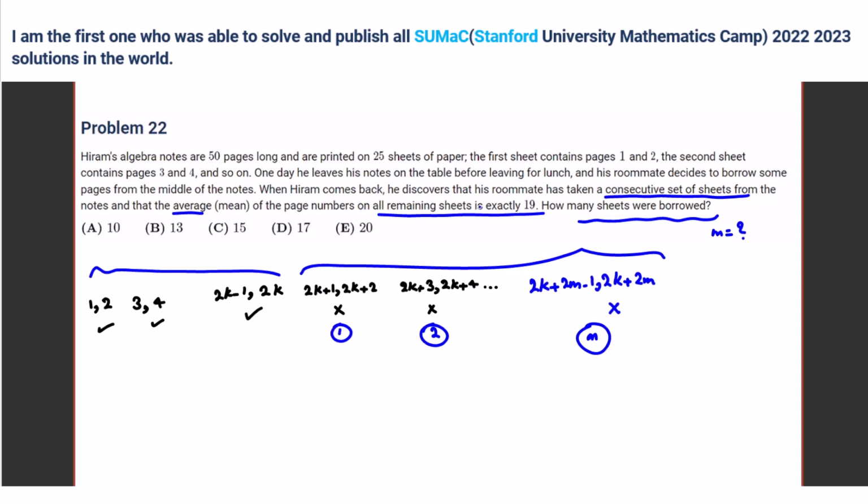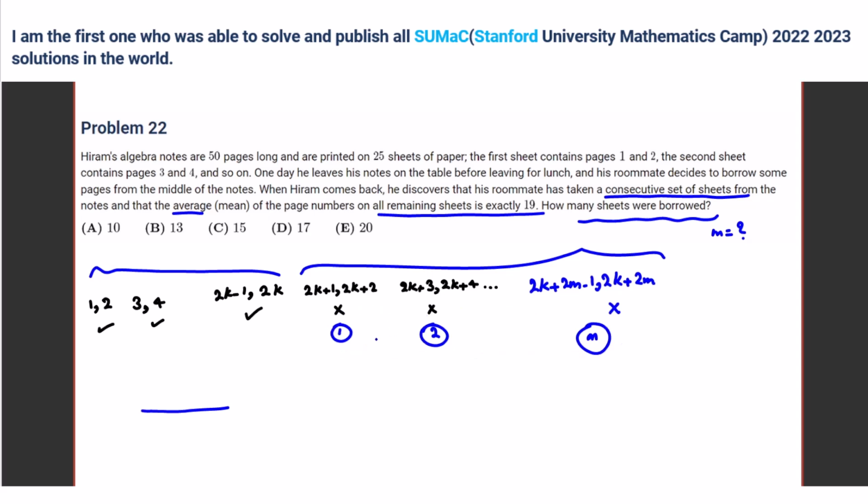The average is 19. The average is what? Sum over. Can you tell me number of pages that are left? Number of pages that are left, not sheets. Number of pages that are left is what? We said we remove m sheets.